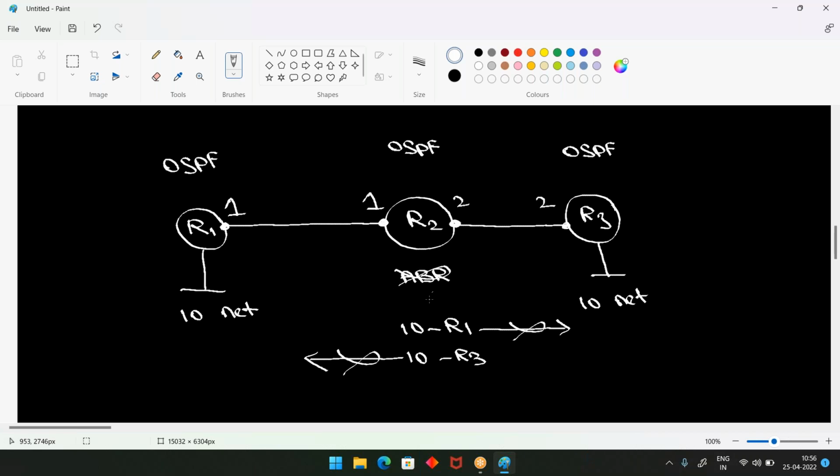If this device does not become an ABR, then R2 will not share the networks information to R1 and R3. It will not share the networks information between multiple areas. Understood the concept here? All of you understood the concept?